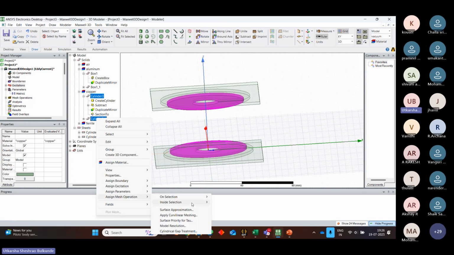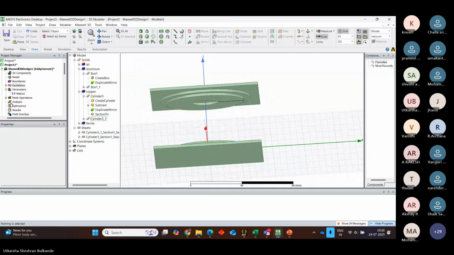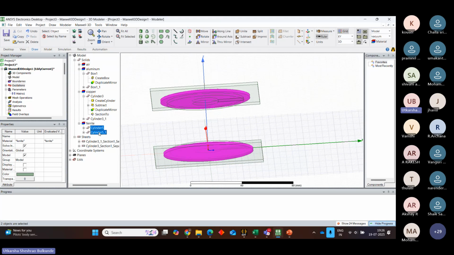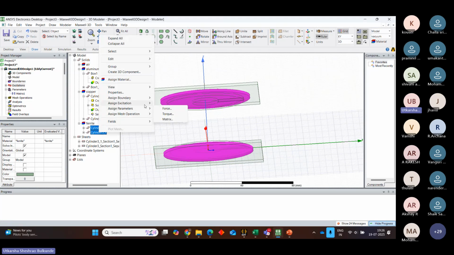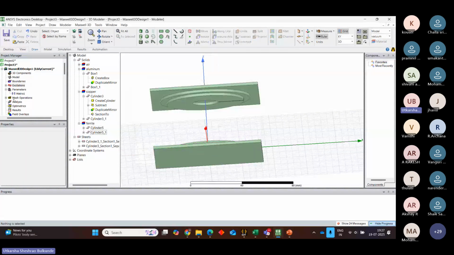Assign mesh operation, inside selection, length based. Copper. And then ferrite. Assign mesh operation, inside selection, length based. Ferrite. Okay, fine. So this is also done.